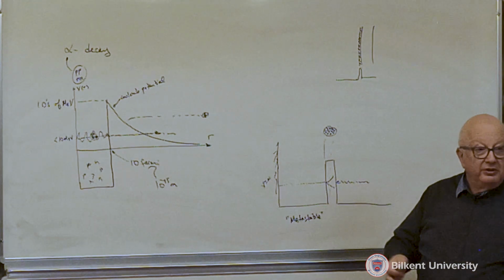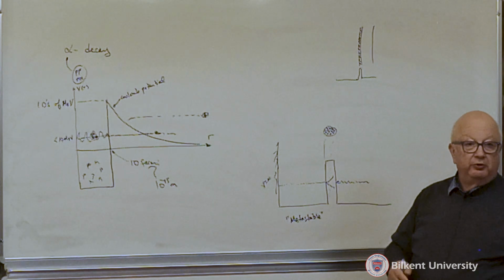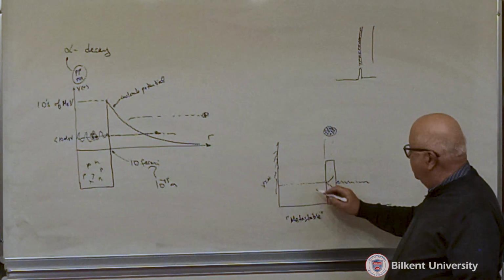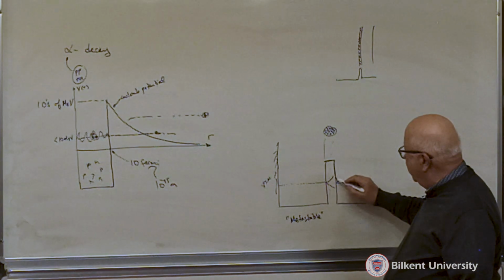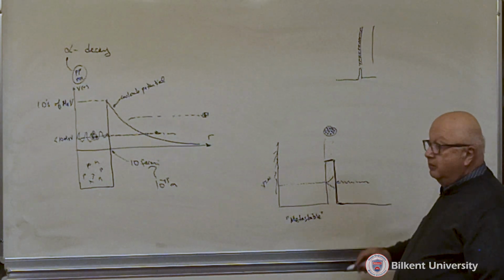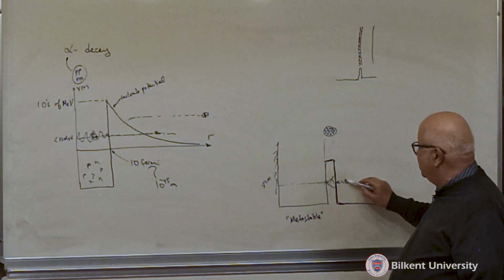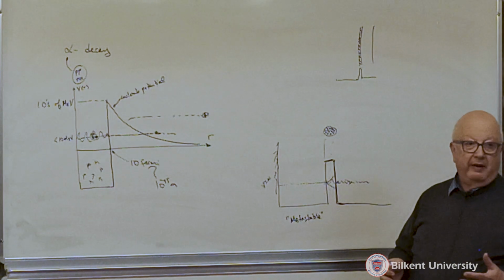Make your calculations as if this is your real potential. But then after you make this calculation, you go back and say, well, I really have this barrier here. Now, what is the rate with which this is going to escape?